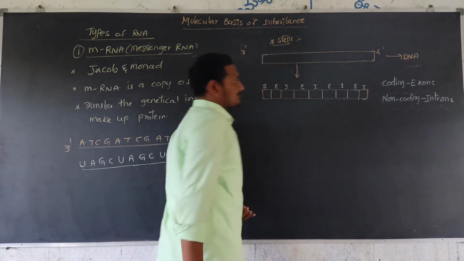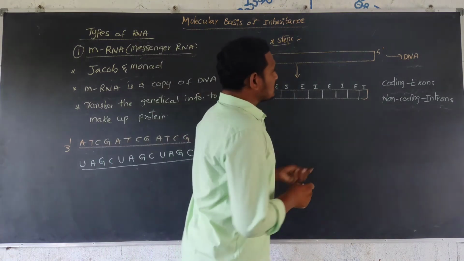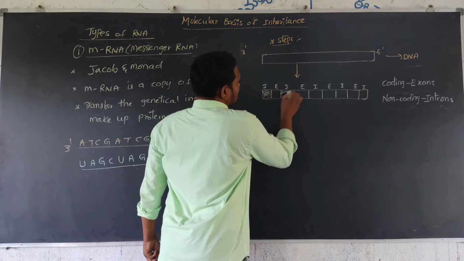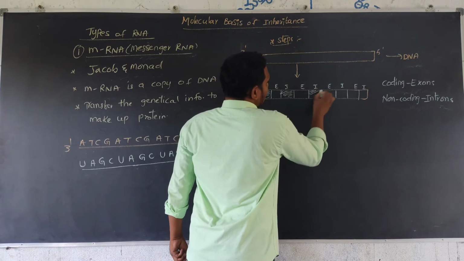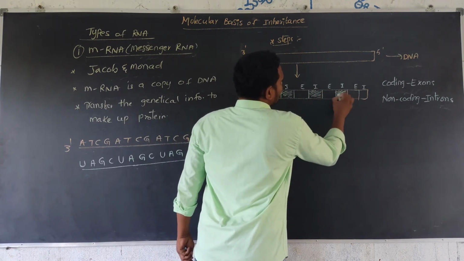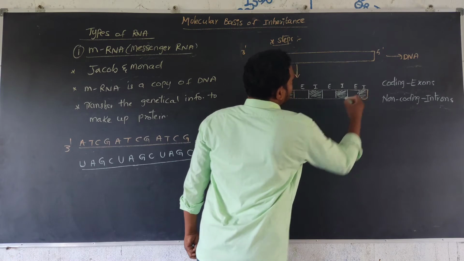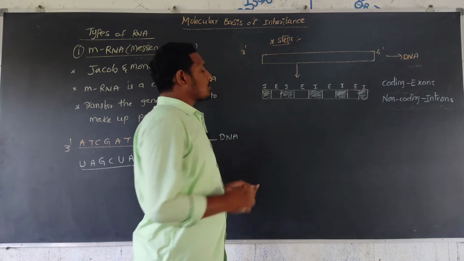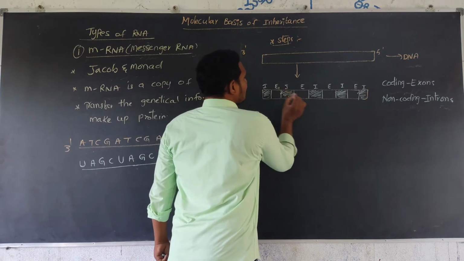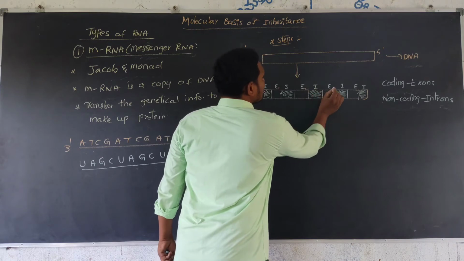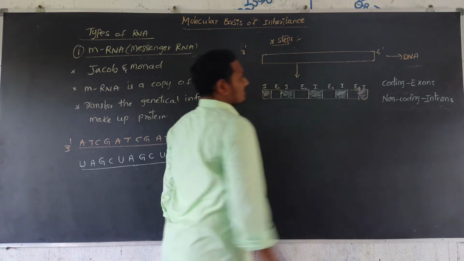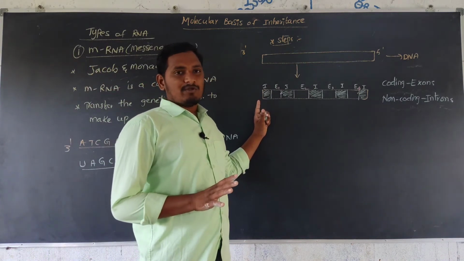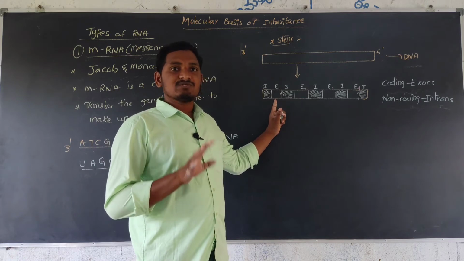The non-coding parts are introns, these are non-coding parts. Exons are the coding part. Intron 1, exon 2, exon 3, exon 4. So four exons. I means non-coding part, E means exons, the coding part.